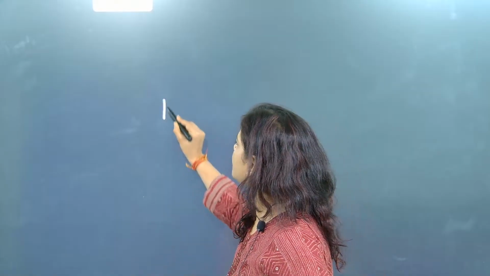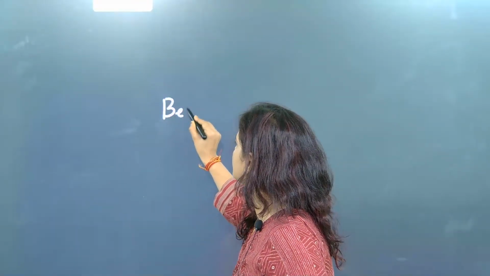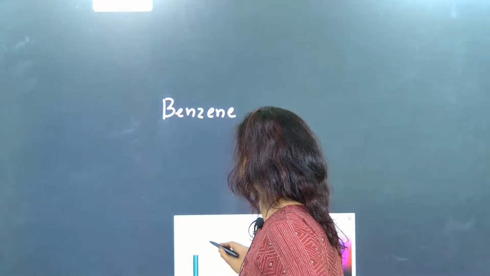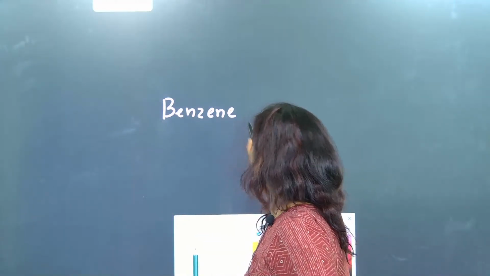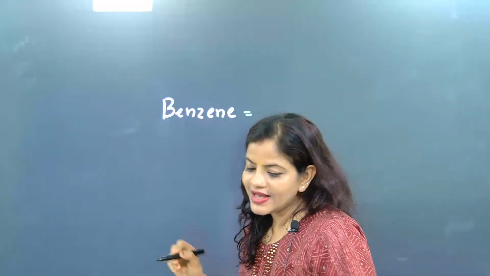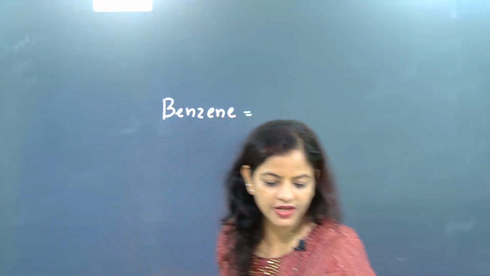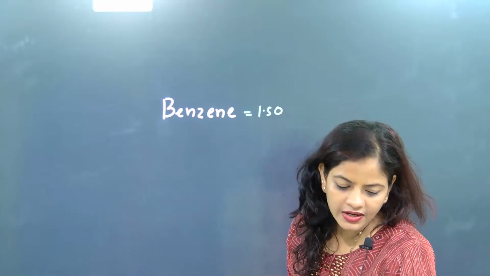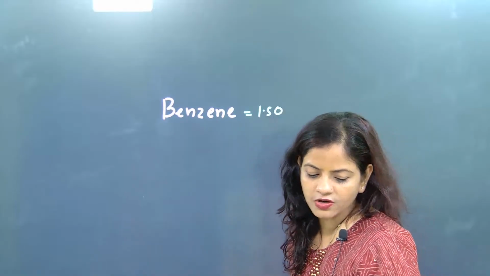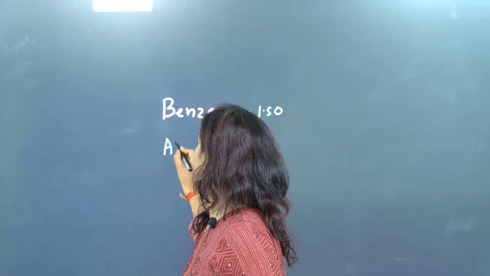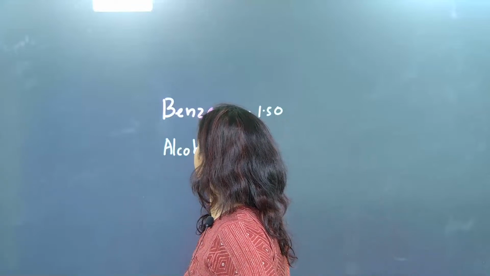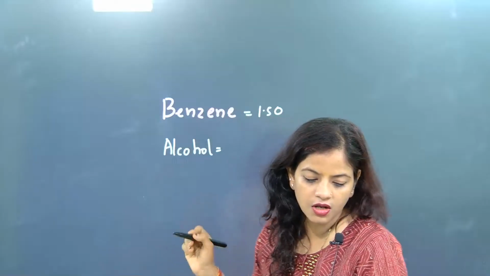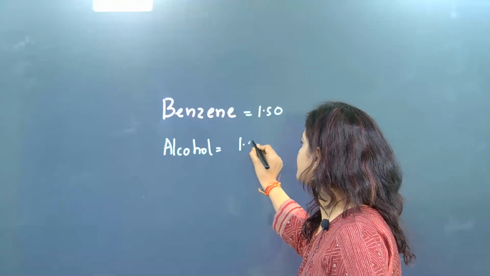The refractive index of benzene is 1.50. And the refractive index of alcohol is 1.36.